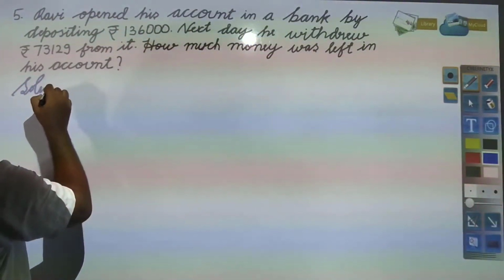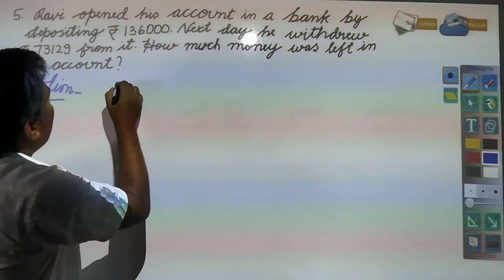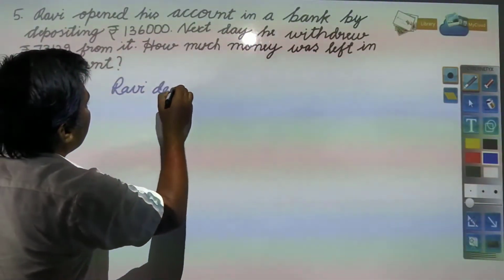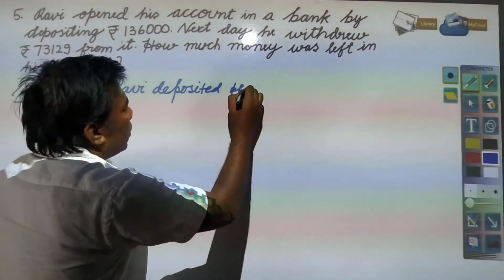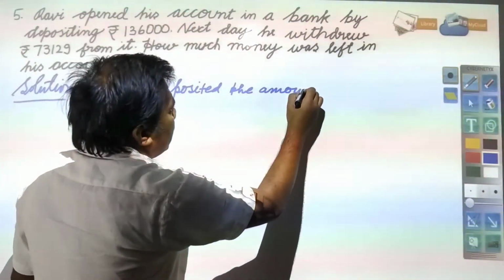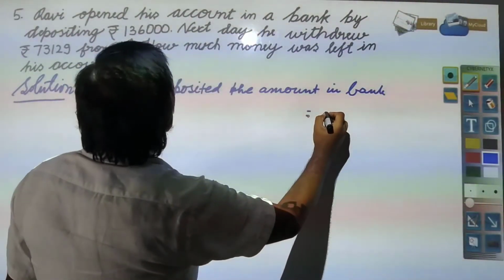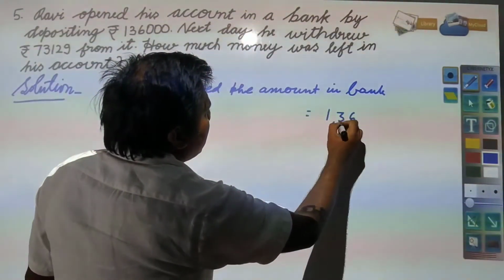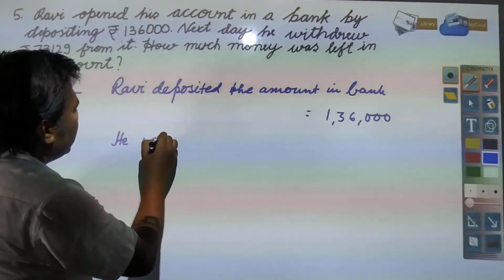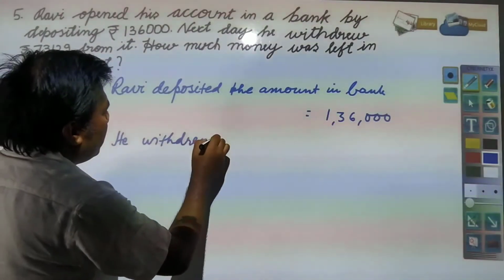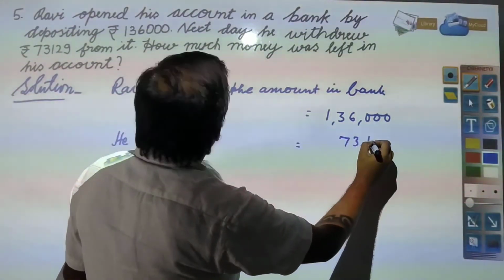Here you see. Ravi deposited the amount in bank equal to how much? 1,36,000 rupees, and he withdrew how many rupees? 73,129 rupees.